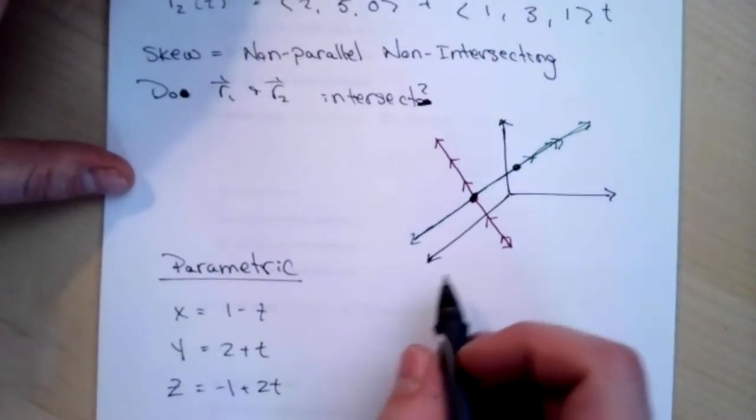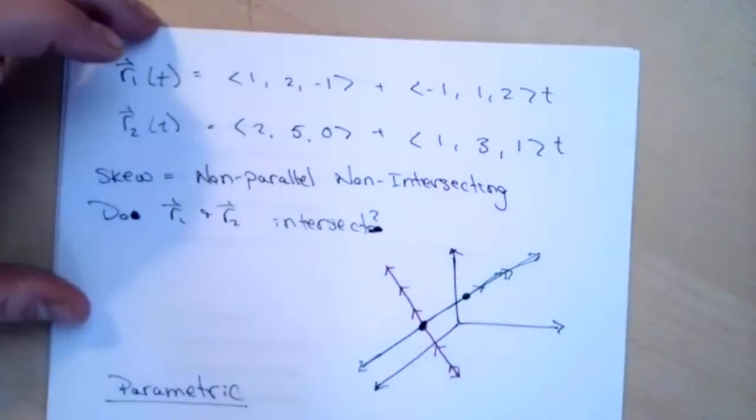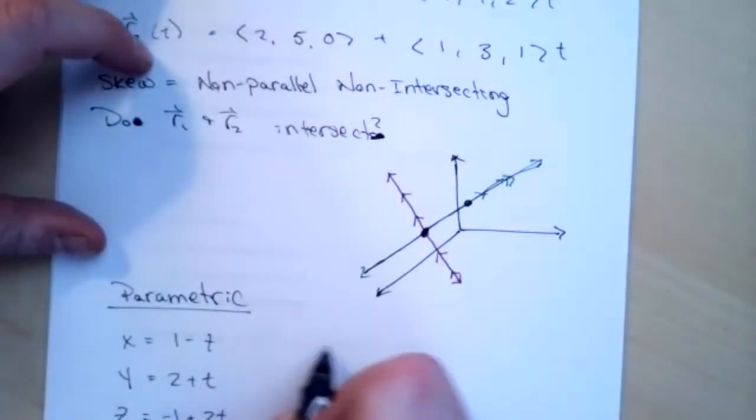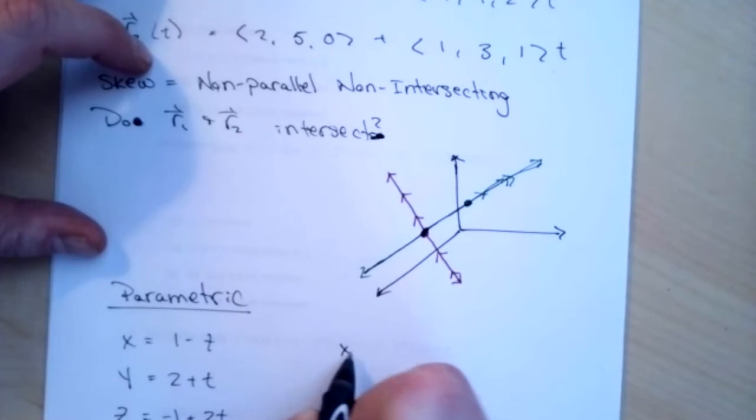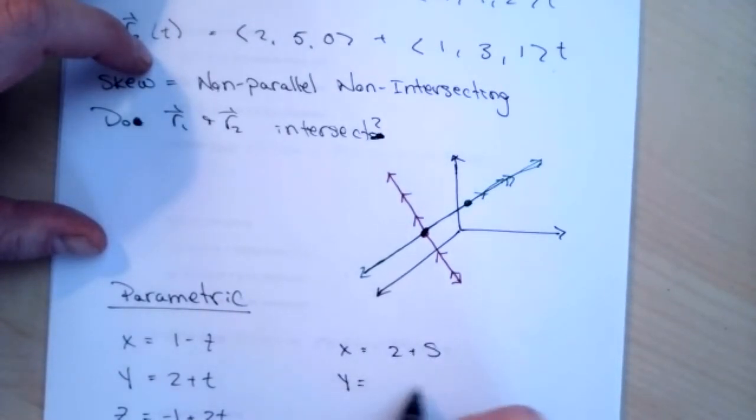Our other equations, let's go ahead and change this second parameter to an s, our common other parameter that we're going to use. So x is 2 plus s, y is 5 plus 3s, and z is just equal to s.